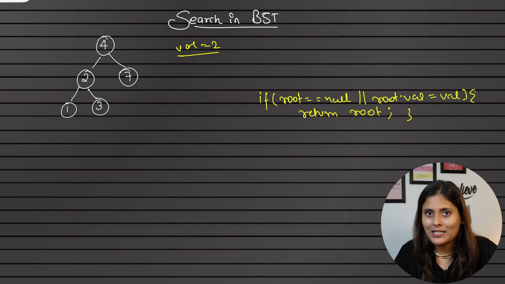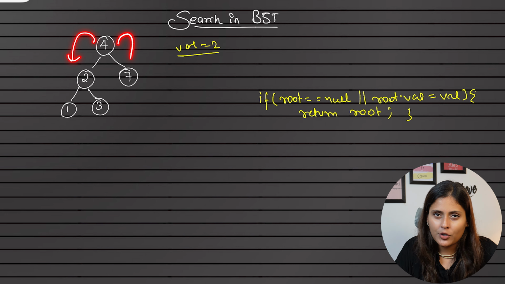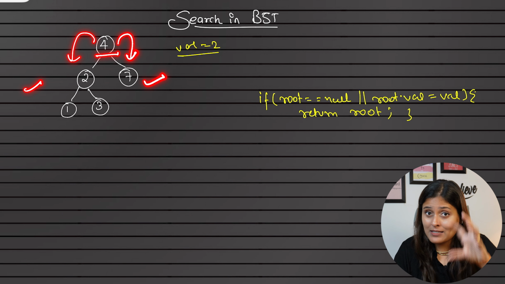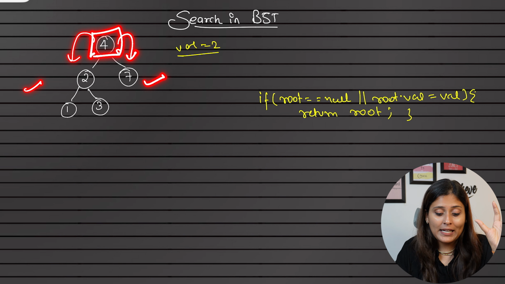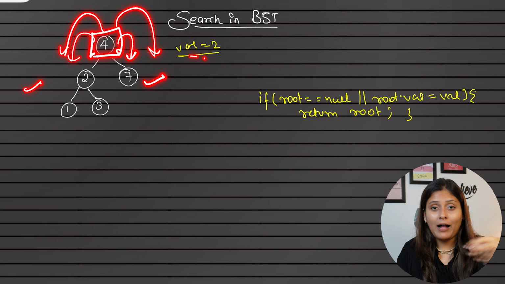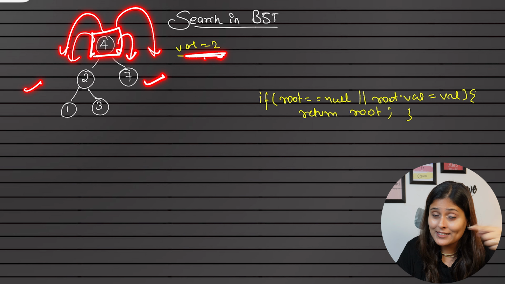So now what is our task? Go towards the left side or right side? Do you think we should go towards both sides, or we know that because it is a binary search tree and it will be in sorted format, we should move towards either the left or right side, because the value, which is 2, is smaller than the root value.